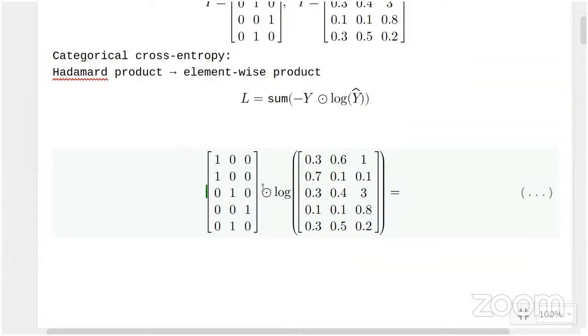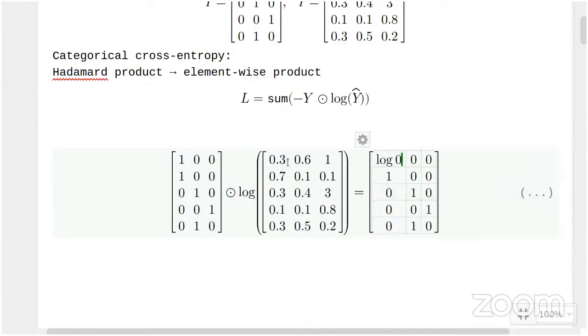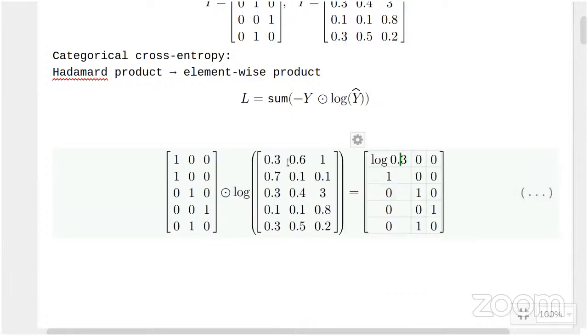How shall we do it? I don't think we need to compute the exact values. So we are going to multiply 1 with log 0.3, right? So this will just be log 0.3. Everything else in this row is 0, so I don't need to worry about log computation. Even if I take the log, this is going to just become 0, right?